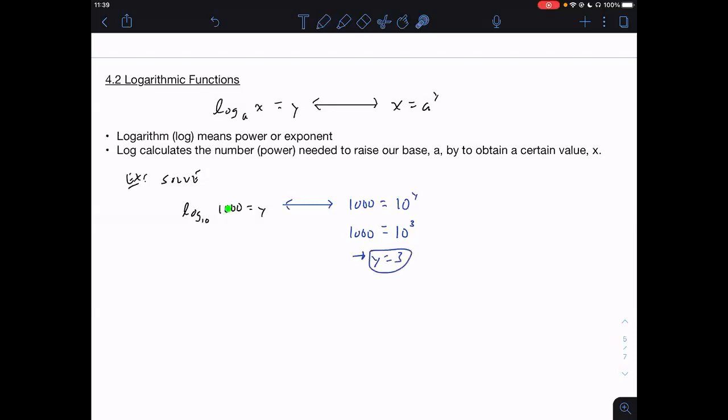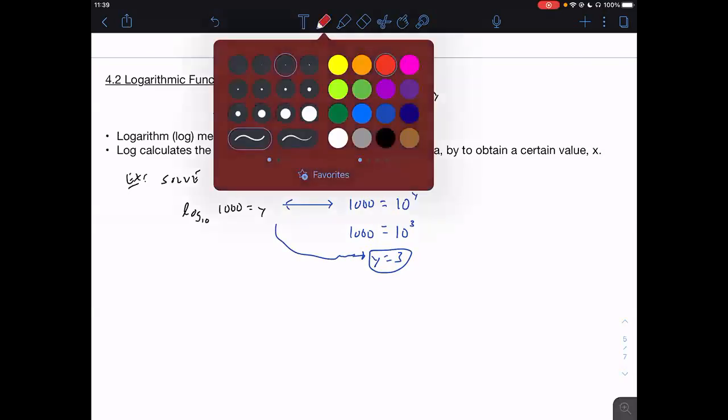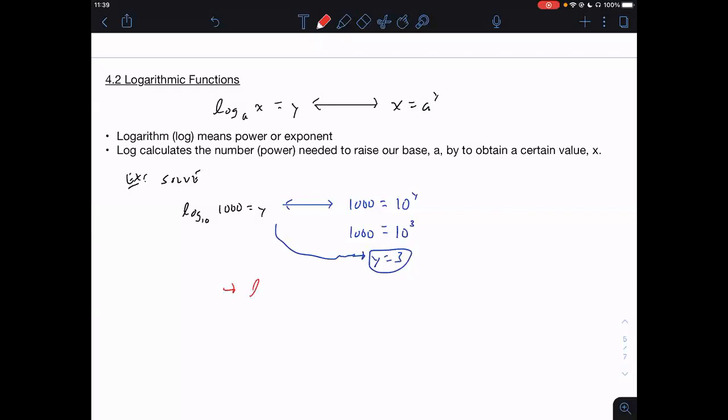So log of 1,000 to base 10 equals 3. I'll just rewrite it here more formally: log base 10 of 1,000 equals 3. 3 is the exponent that we need to raise 10 by in order to get this value of 1,000.